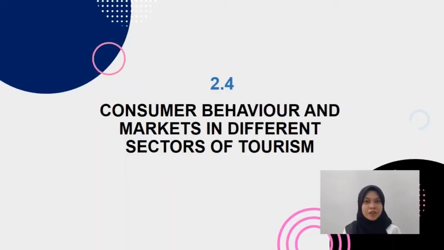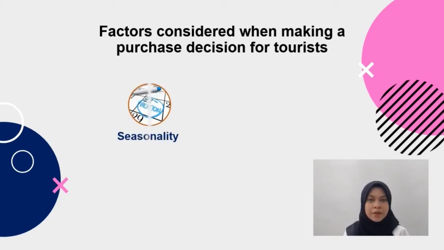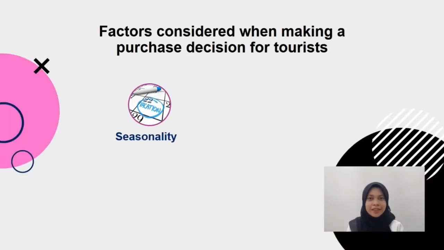Next is consumer behavior and the market in different sectors of tourism. There are many factors to be considered in the purchase decision for the tourist, including seasonality, price, and travel distance. Firstly is seasonality. Seasonality usually involves the peak season and also the off-peak season.